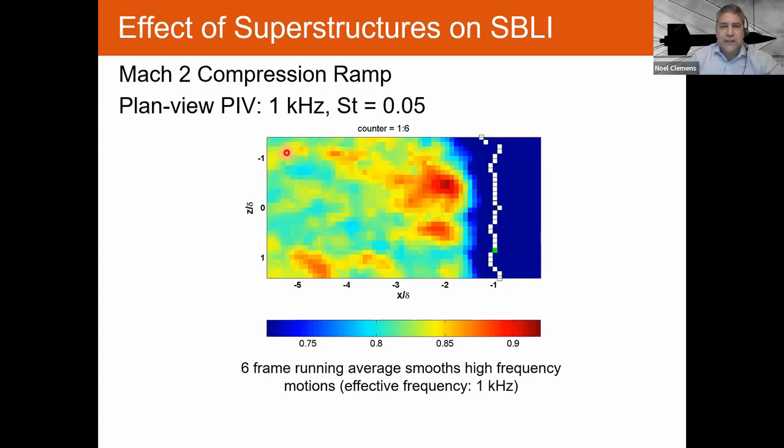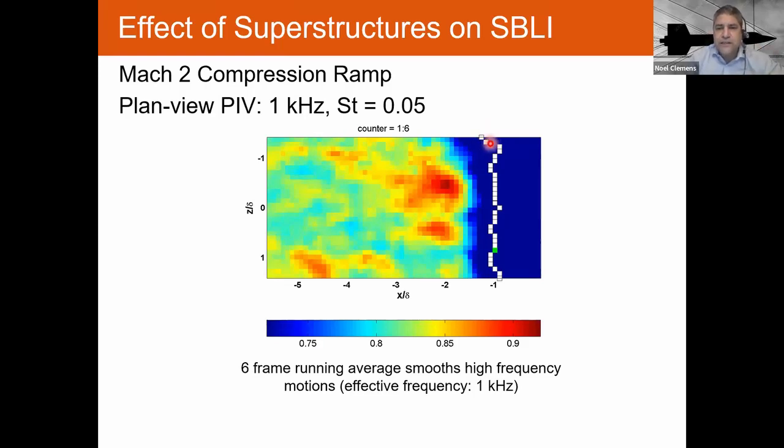He did look at this, and so this is where we bring the interaction into the picture. There's a compression ramp right here, at the downstream edge. The laser sheet is parallel to the floor of the tunnel, and we are looking from the top.